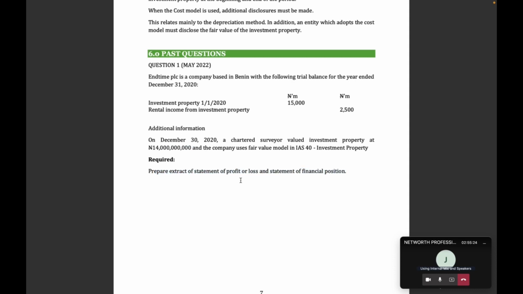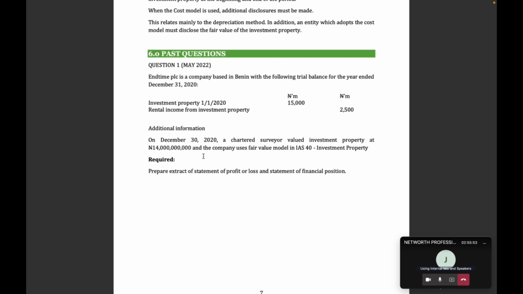In my statement of profit or loss, the rental income from the property will go to POL as income. I also have a loss, because my investment property was 15 billion and they have fair valued it to 14 billion. So I recognize the fair value deficit of 1 billion in my POL. In my statement of financial position, the investment property value becomes 14 billion.